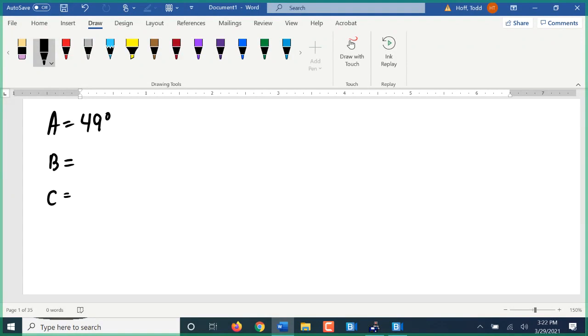I did not know angles B or C. I told you that side B is 29 feet, side C is 37 feet. We do not know side A. To use law of sines, we have to know at least one side length and the size of its opposite angle. We don't have that here, do we?